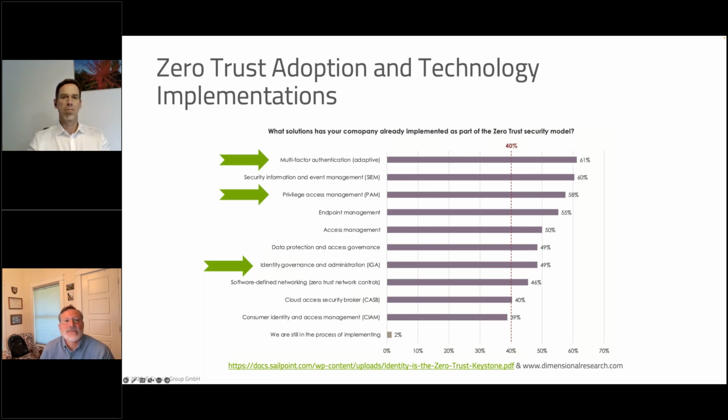And so the technical capabilities of privileged access management have grown in the last 15 years considerably. And then identity governance and administration is also being used to apply zero trust principles in the management of access, limited access, etc. Role-based access as well.